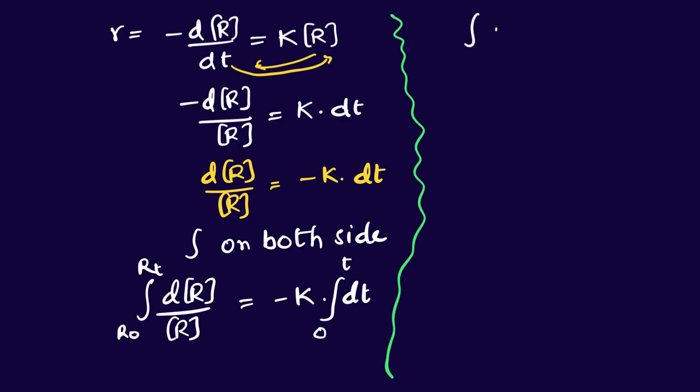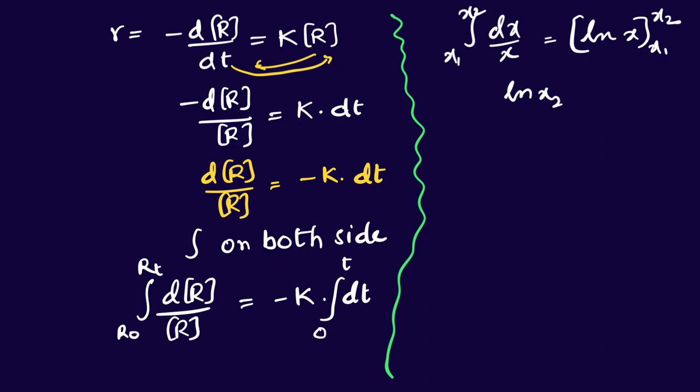Now the integration of dx by x, with limits x1 and x2, we will get ln x between limits x1 and x2. Then this can be written as ln x2 upper limit minus ln x1 lower limit.